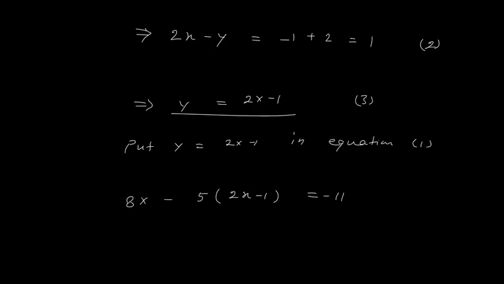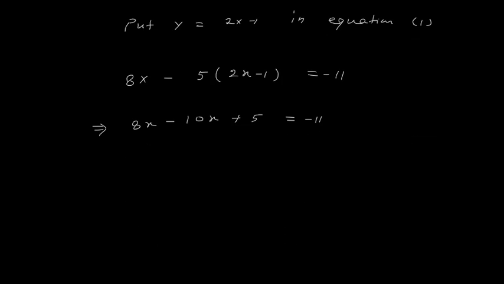Minus 11. So this implies that 8x minus 10x plus 5 equal to minus 11. So 8 minus 10 is minus 2. So this implies minus 2x equal to minus 11 minus 5, which will be equal to minus 16.